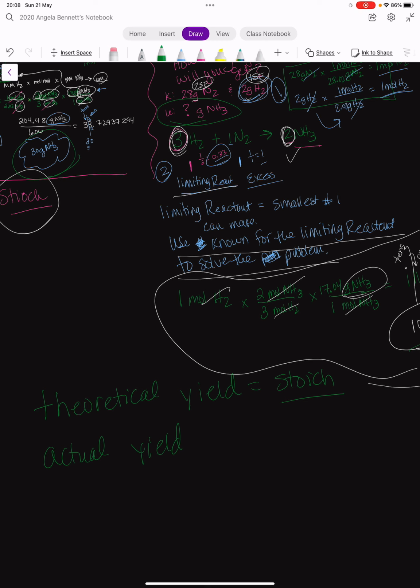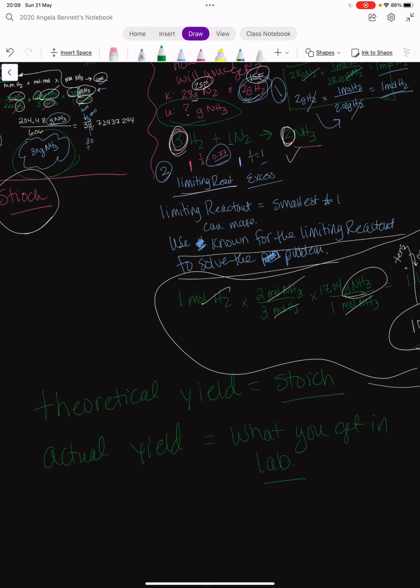And so you don't actually necessarily get what you calculate or what you should get because stuff happens. Same thing in chemistry. Stuff sticks to the side of the container. It might boil over. Different things happen. And we usually do not get our theoretical yield. So our actual yield is what you get in lab. And it should be less.